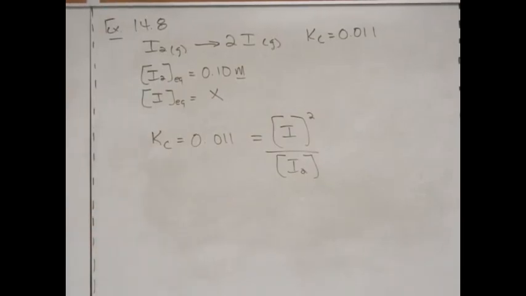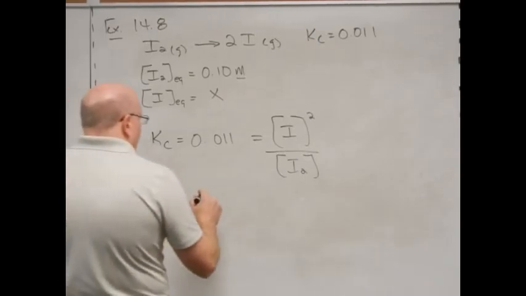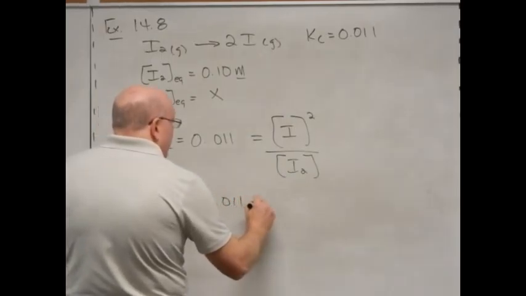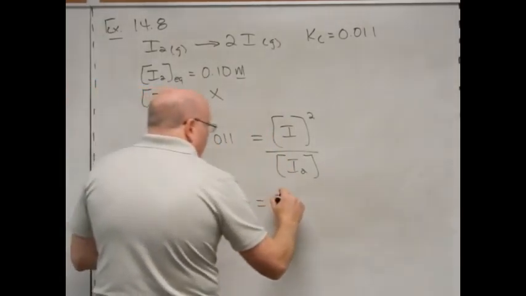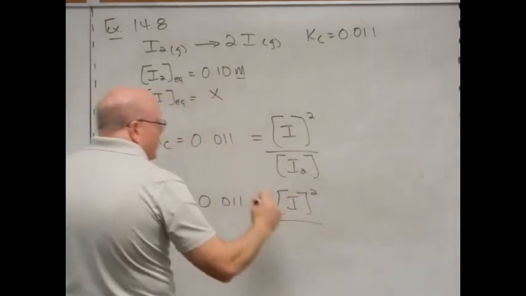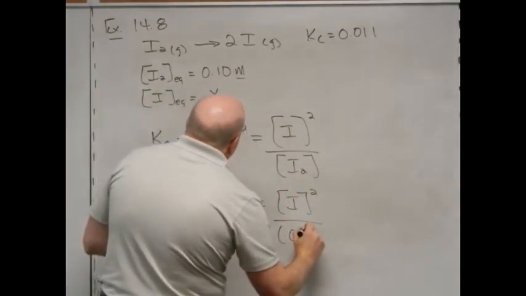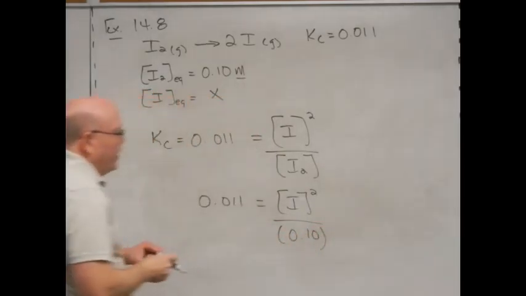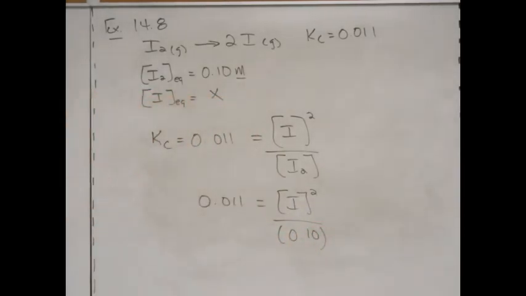Well, they tell us what I2 is, they just don't tell us what I is. So all we have to do is now write this expression with what we know. The concentration of I is what we're looking for. The concentration of I2 is 0.10.